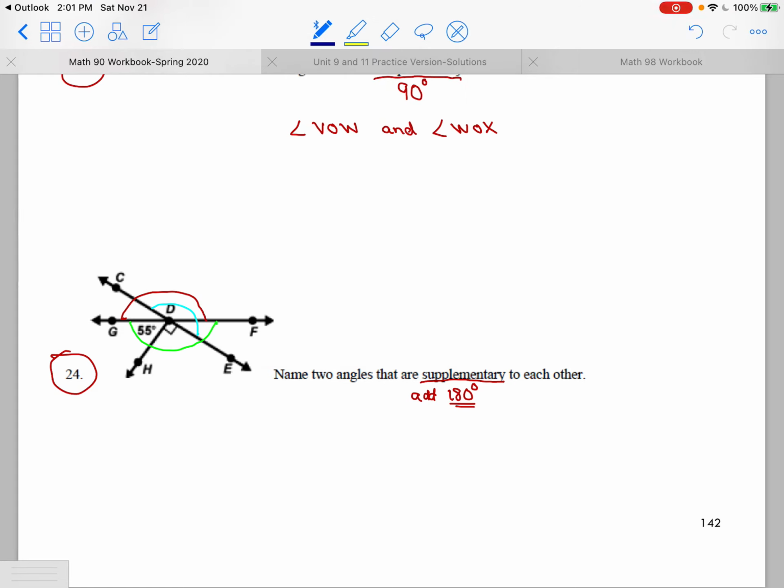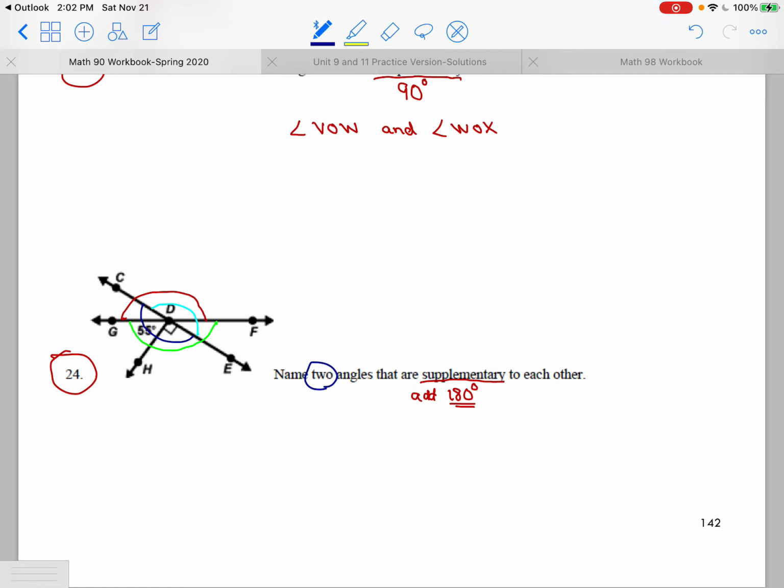Okay, I'm running out of colors. How about this one? We got those, right? There's so many here. So you notice here it's just asking you to name two. So just name two of them. Whichever ones you see, whichever ones you want to do.